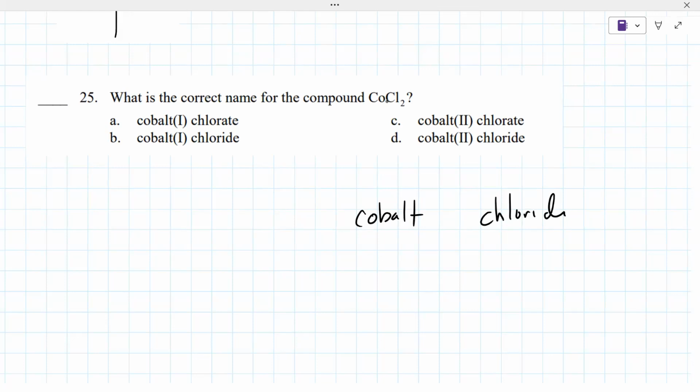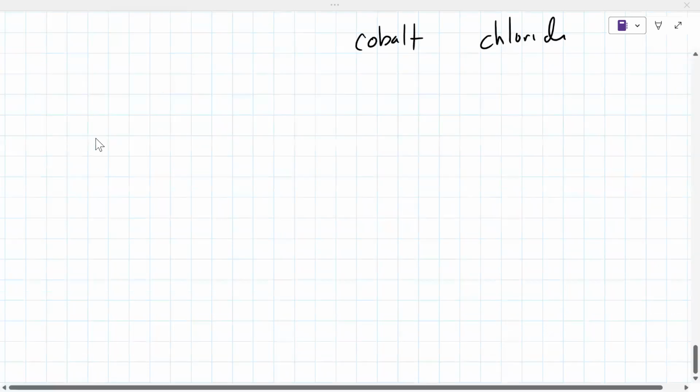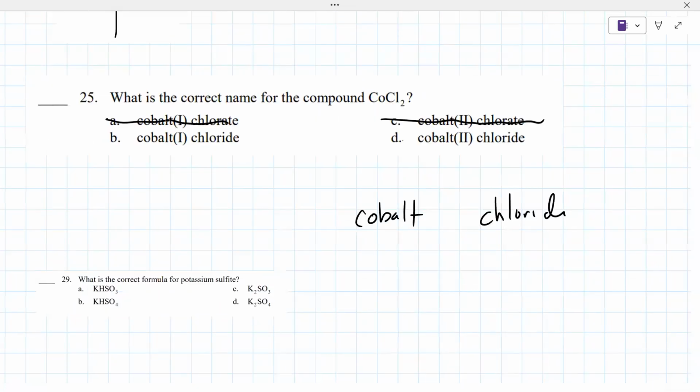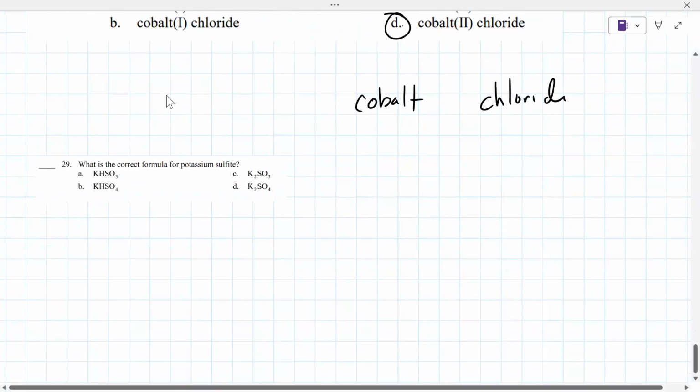And so you can see here it's either this one or this one, and then the rest of it comes down to charge. But you said that that's not part of it. They tend to ask them more backwards, which is why I was saying you might be expected to do that. So for example, the answer to this one is B, in case you want to look back at that.